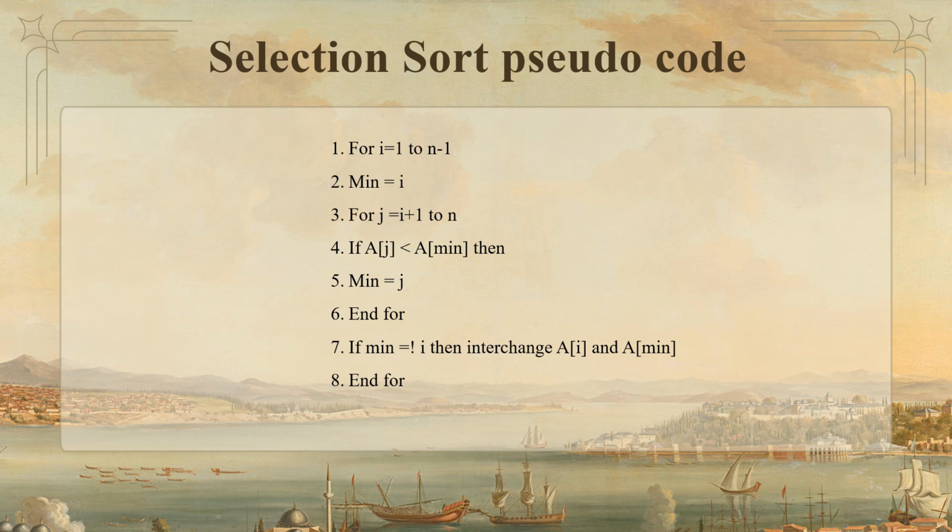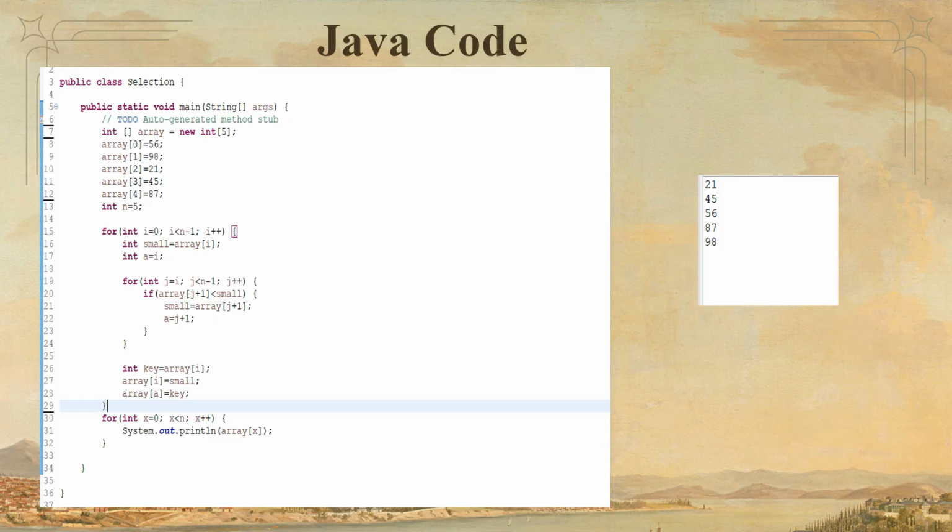So next, let's move to the Java code of selection sort. Here I have mentioned the Java code of selection sort. In this code, our unsorted elements are 56, 98, 21, 45, 6 and 87.